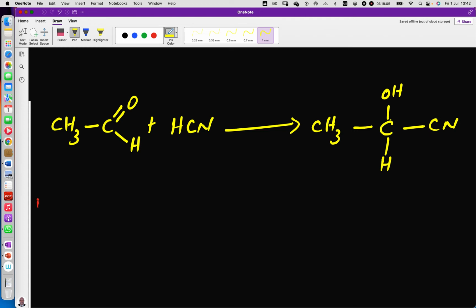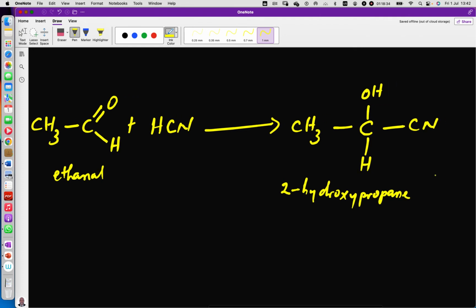The cyanide ion now adds here. So what happened here is this is the ethanal, and this is 2-hydroxypropanenitrile.